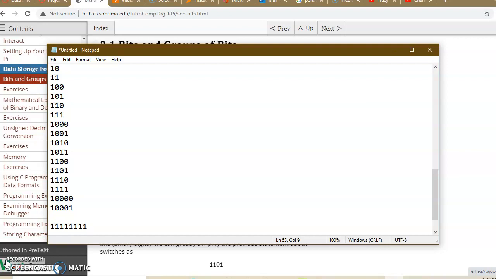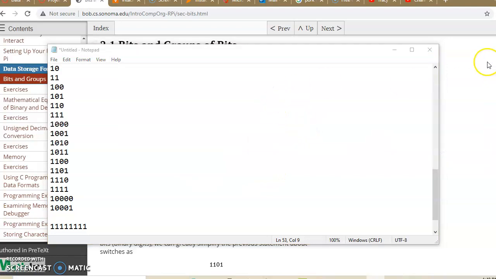And a byte contains a possible 256 combinations. So bytes don't count up quite as quickly as decimal does, but that's where we get the numbers that can represent letters and characters and certain commands that are used within a computer itself.